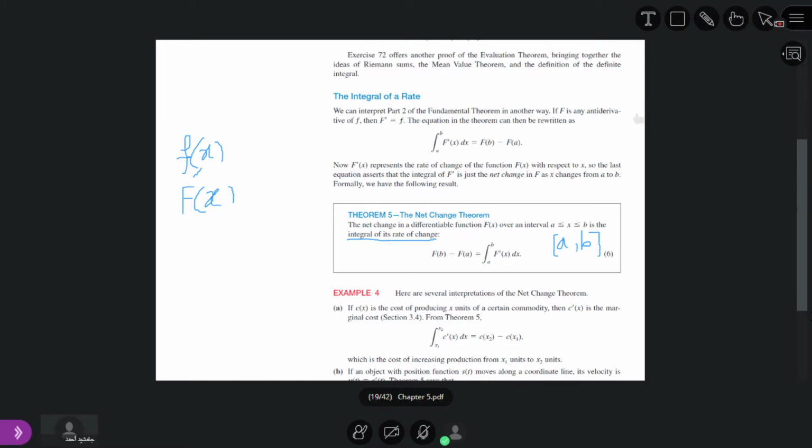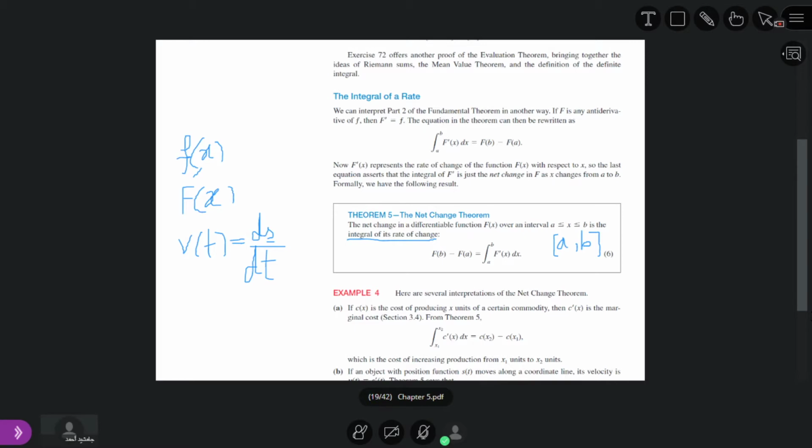The velocity function v of t is the rate of change of the position function. It means the derivative of displacement with respect to time.